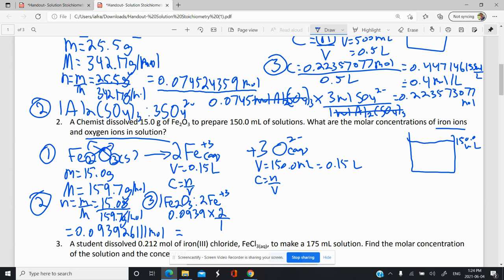So 0.093926111 times 2 would give you about 0.1878522 moles of the iron 3 plus. This is still at step 3, but I'm doing the same thing for oxygen now because we want to find the concentration of both, right?